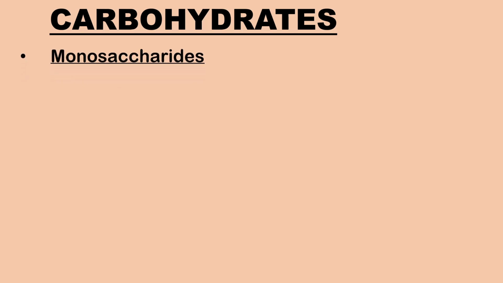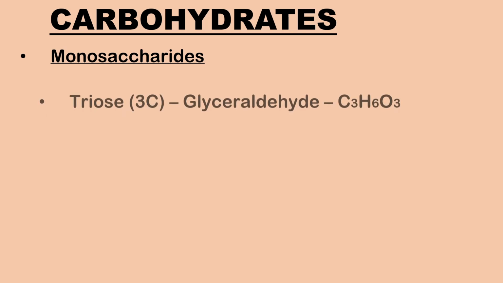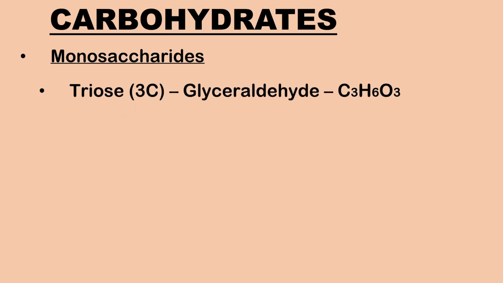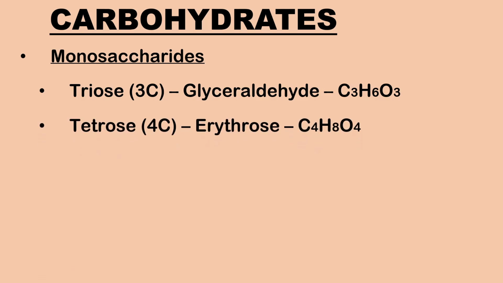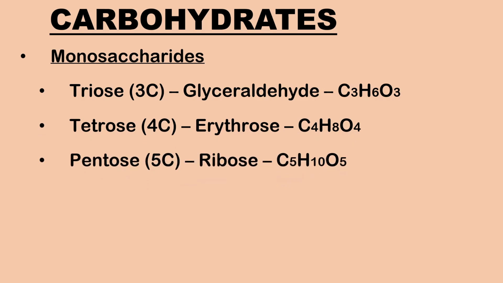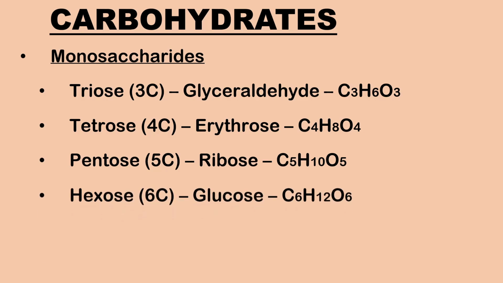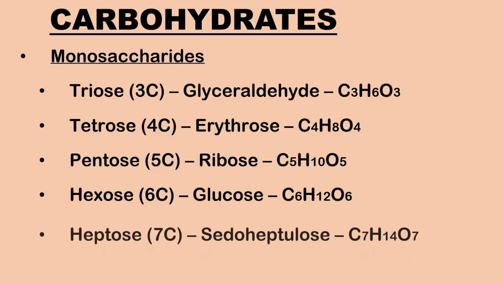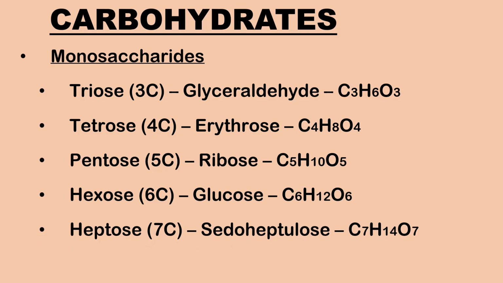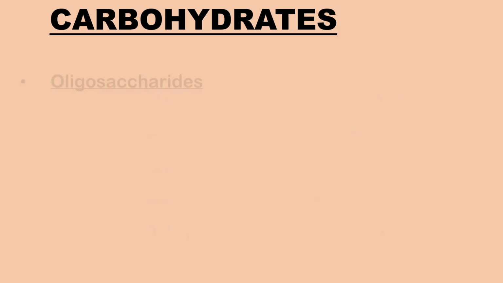Based on the number of carbon atoms, monosaccharides may be triose with 3 carbon, example glyceraldehyde, tetrose with 4 carbon, example erythrose, pentose with 5 carbon, example ribose, hexose with 6 carbon, example glucose, and heptose with 7 carbon, example acetoheptulose.